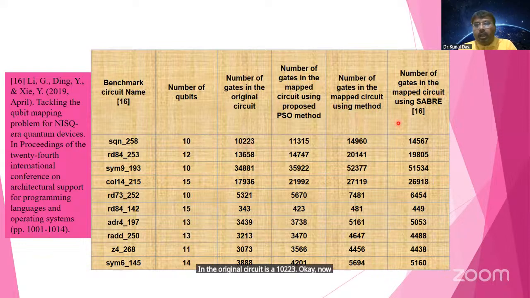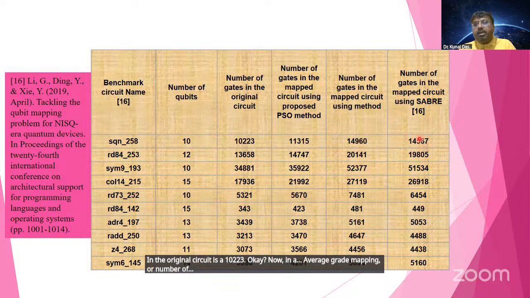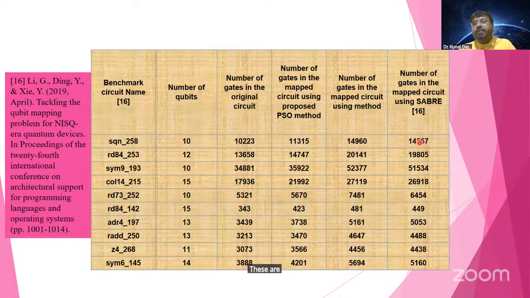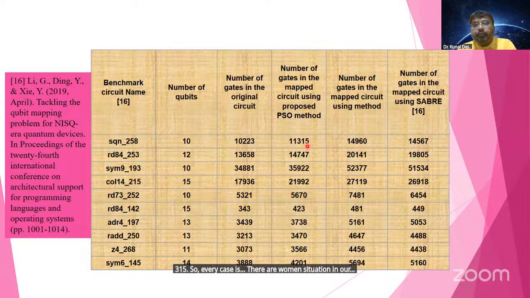Now in average gate mapping, the number of gates required is 14,567, while in our case it is 11,315. So in every case there is a win-win situation in our way.